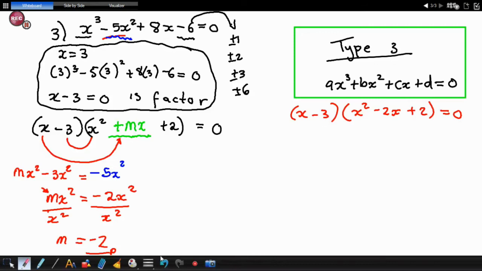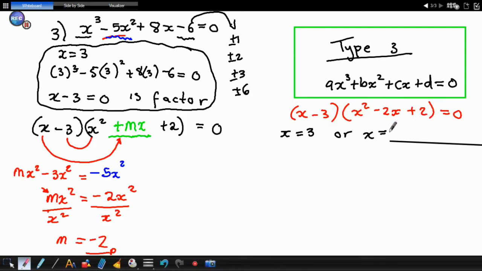From here, then we can say, okay, now we can go ahead and solve for x. So now x here is equal to 3, or x is equal to, let's use the quadratic formula to work that out. Okay, so let's see. We have b, which is -2.